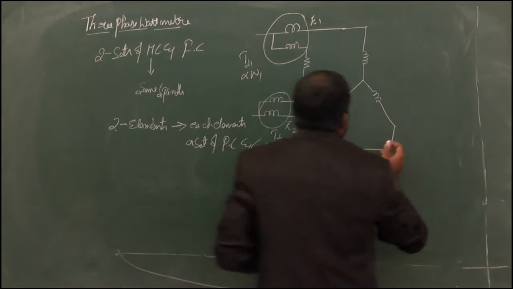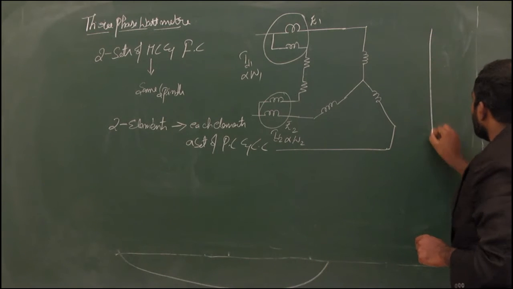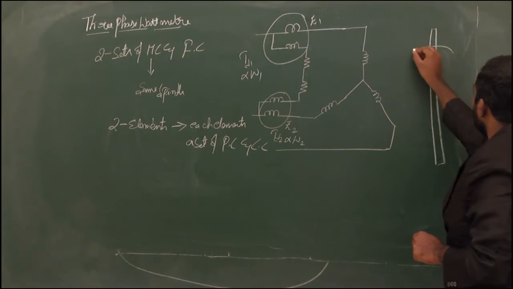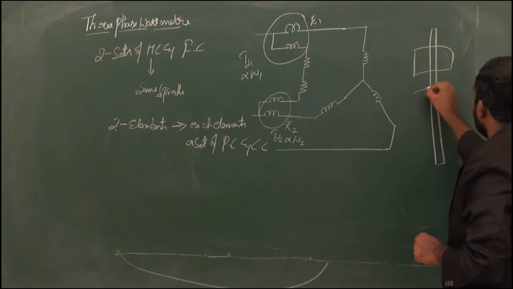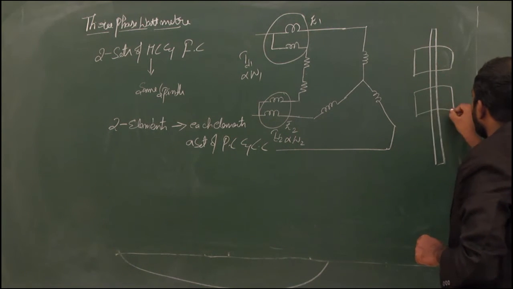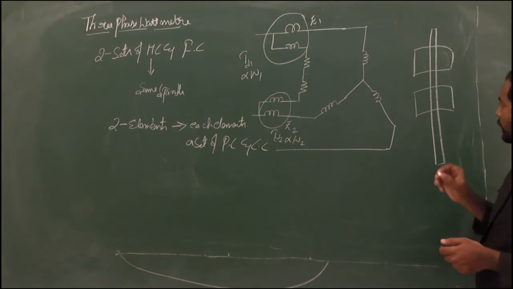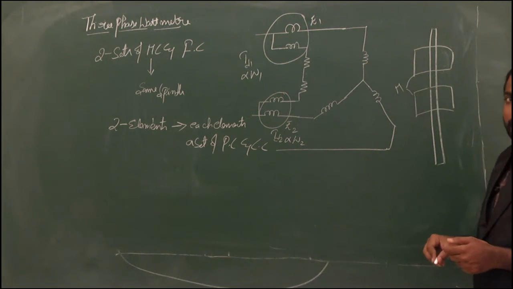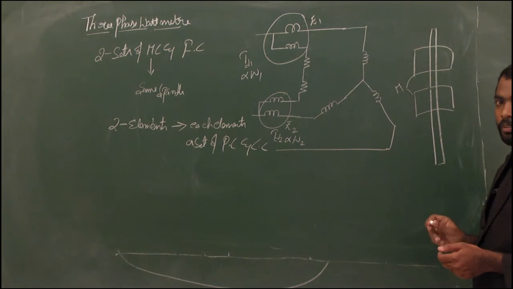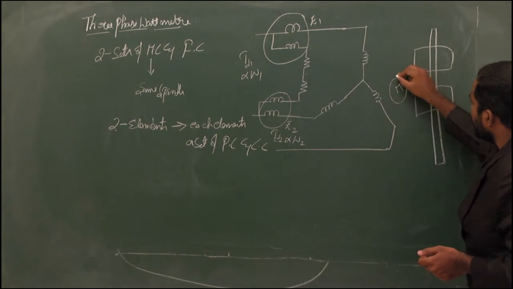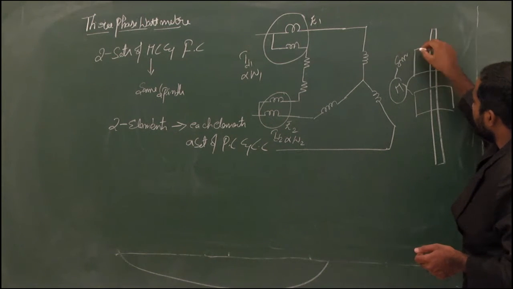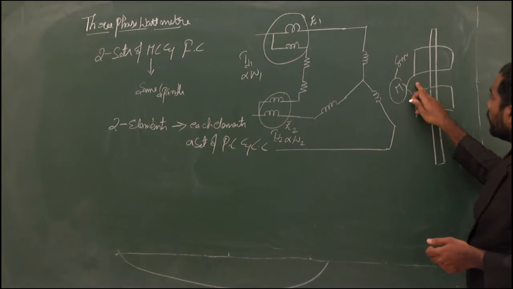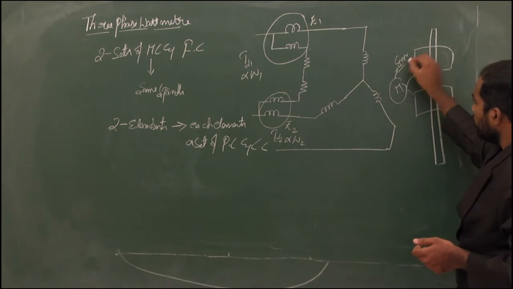You can see here a spindle structure, where on the spindle we have two sets of moving coils like this. There is a mutual interference between these two coils, and due to this mutual interference an error occurs. So the main reason for error in a three-phase wattmeter is mutual interference.